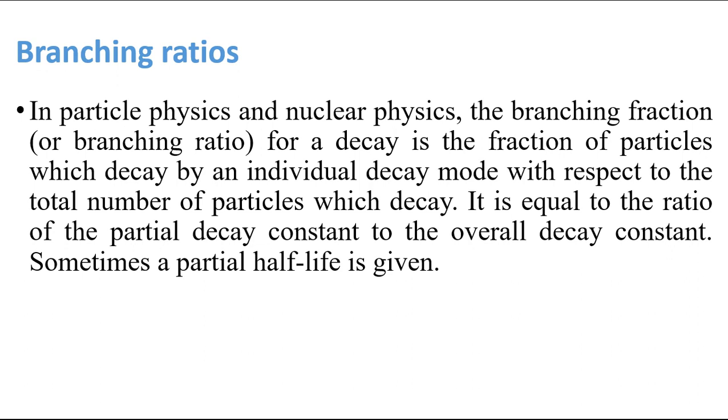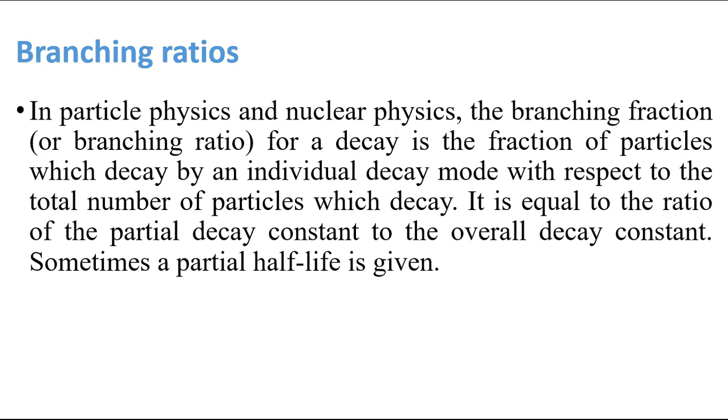Because at any time in such samples more than one decay process is going on, and we want to find their probabilities of decaying. It is equal to the ratio of the partial decay constant to the overall decay constant. So the overall decay constant is different from the partial decay constant.